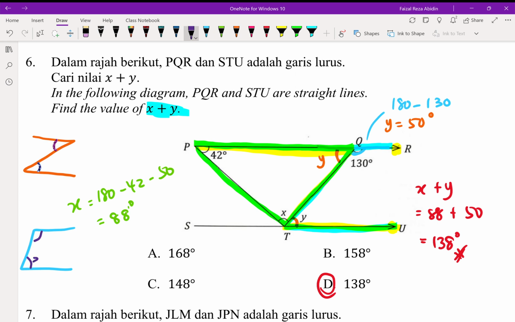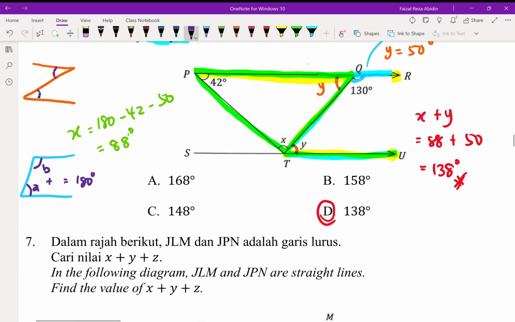Both angles over here, A and B, if I add them together, we are going to get 180. So you can also find it by using alternate or interior angles, up to you. Can, class? Next question.